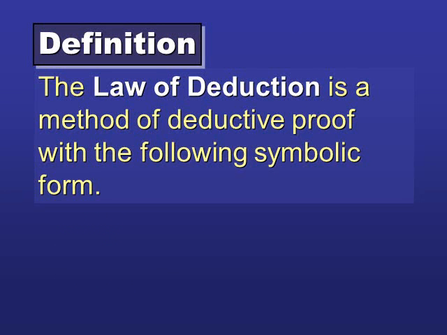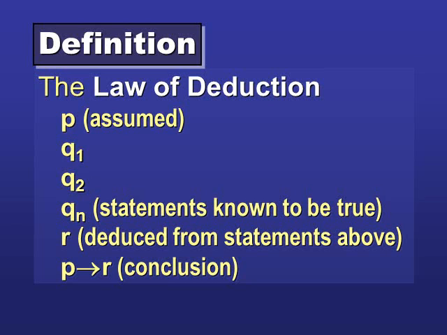The law of deduction is a method of deductive proof with the following symbolic form. It's really important that you memorize these. This will be on your quiz and your test, so we need to talk about how premise and conclusion follow a certain format. The law of deduction starts with P, which is assumed. That's like your given, and that's how we're going to be doing proofs. We have a statement that is given, and we have to assume it to be true.